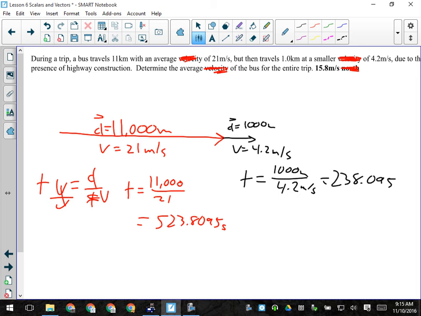Now I've got total distance and total time. Everybody follow there? So if I want to find the average speed, I'm going to have d total, which is 12,000 meters, divided by the 523 plus 238. Again, I'm going to put all the decimals in when I actually calculate it.